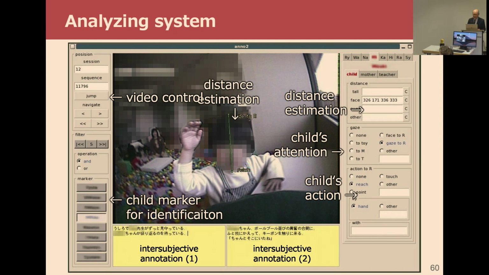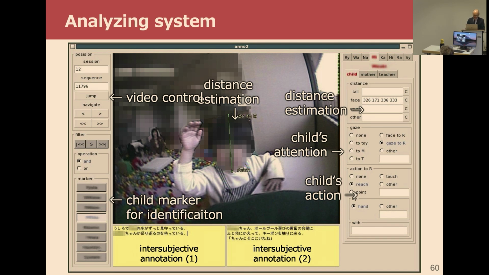This is the analysis software that we made. We compute the distance to the child, or what kind of behavior she did, and we also transcribe some of her behavior, or what she might have thought or felt. It's totally intersubjectively interpreted qualitative data.